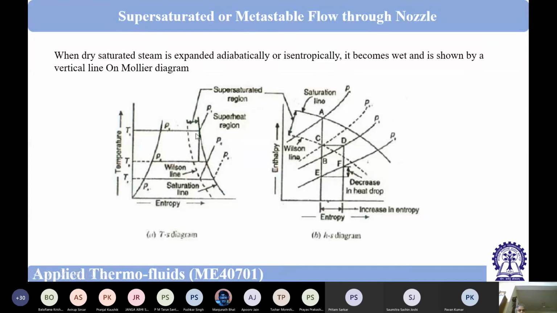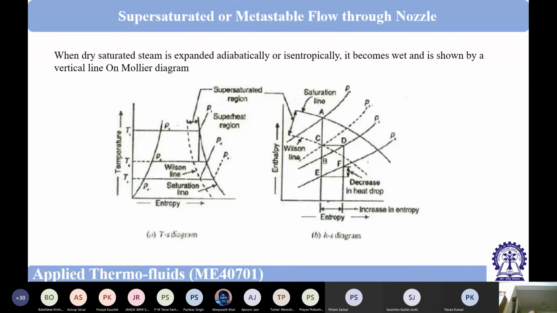Generally, this continues up to a certain point, and after that, the steam becomes wet. Up to a certain point means the dryness fraction X value is 0.96, 0.97 like this. And if we draw a line through that, that line is called the Wilson line. So up to the Wilson line, the steam is supersaturated steam.